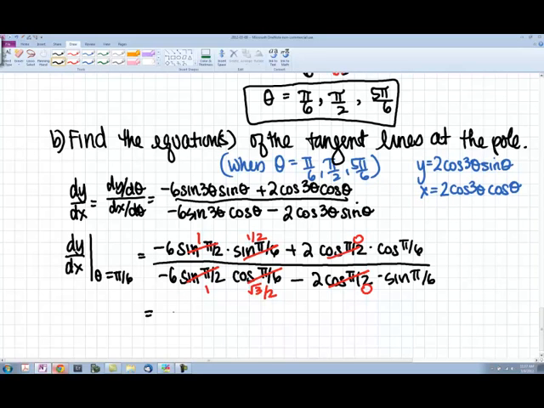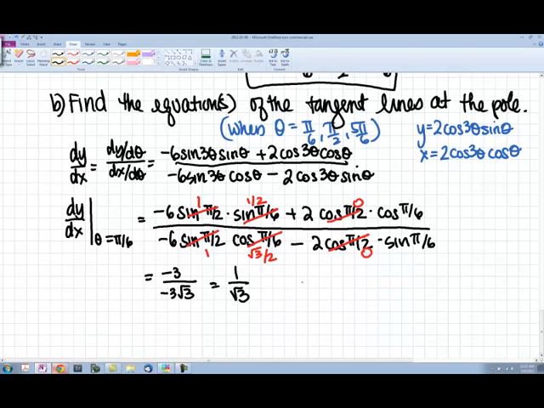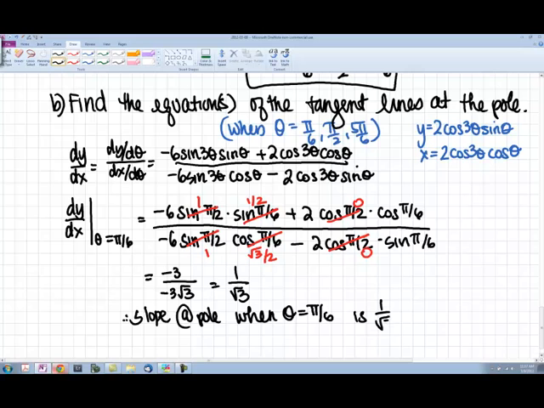So what I have here is negative 3 over negative 3 radical 3, or 1 over radical 3. So this tells me that our slope at the pole when theta equals pi over 6 is 1 over radical 3.